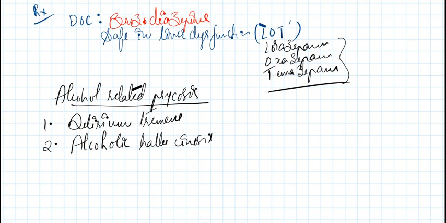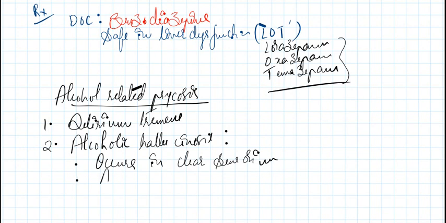What are the features of alcoholic hallucinosis? This occurs in clear sensorium. You can also observe auditory hallucinations in these patients.